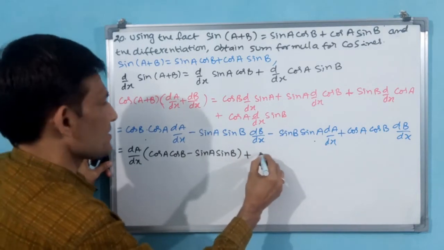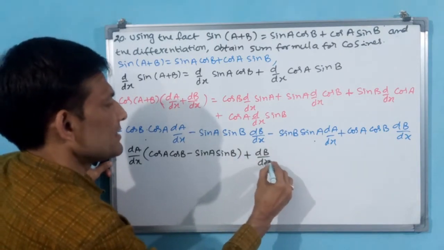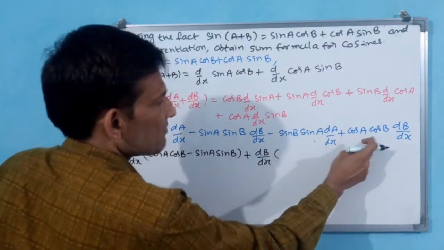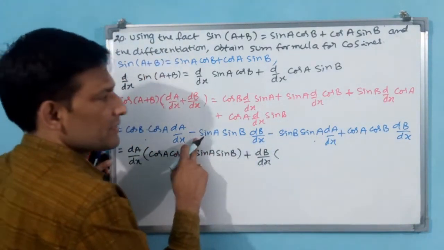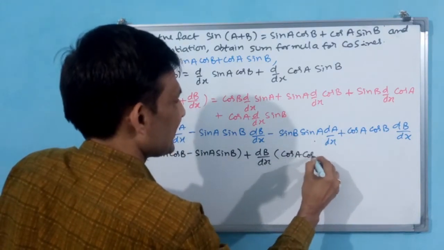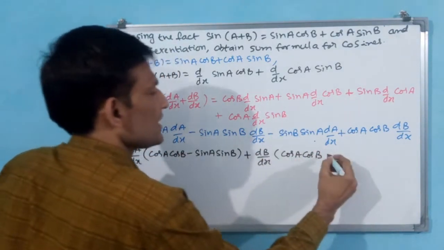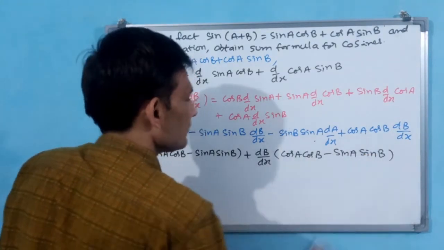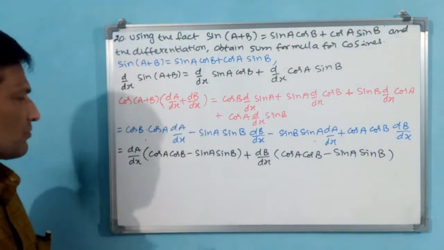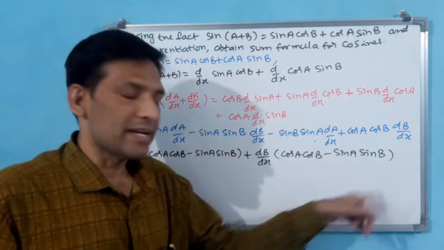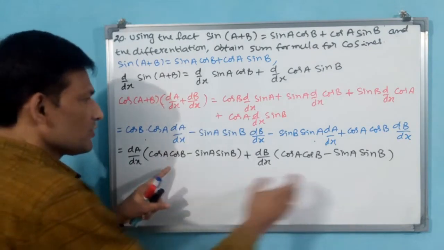Okay. These two terms also, dB by dx is there. Again I am taking plus dB by dx common. Okay. See, this is plus. Plus 1 I want to write, then minus 1 I will write next. Cos A cos B minus sin A sin B. Okay. See, what you observe now? Cos A cos B minus sin A sin B. See, here these two are common.